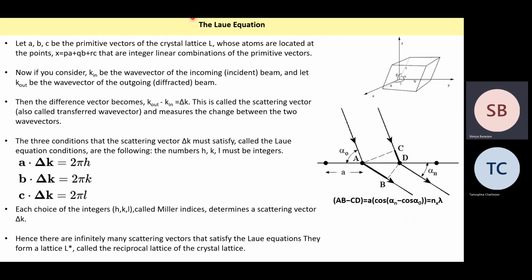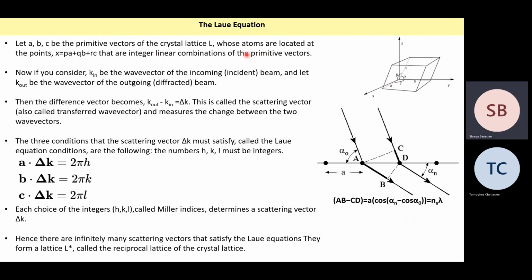Now that we know all about the Bragg equation, we will talk about the Laue equation and the Laue conditions. So consider a crystal lattice, the unit cell of the crystal lattice. And you know that for a three-dimensional lattice, there are 6 parameters: a, b, c, the sides, and alpha, beta, gamma, the angles.